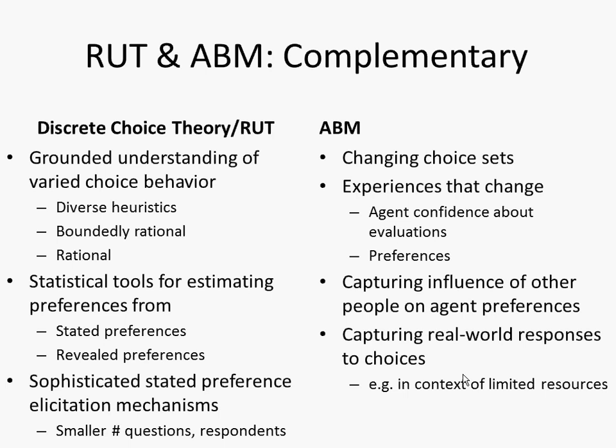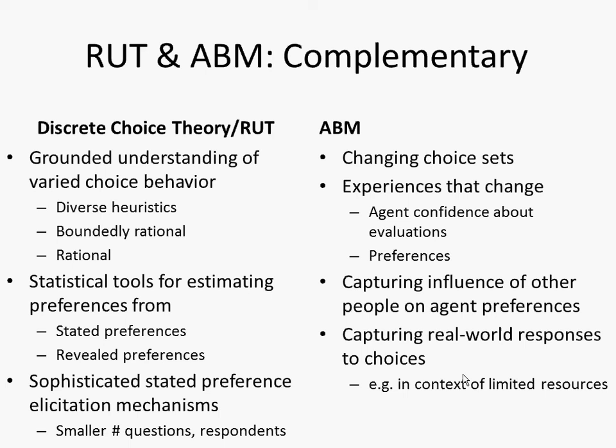In the context of our day-to-day experience, our location, our social context, our economic context, our choice sets may be changing. We can capture those dynamics over time in dynamic models, such as agent-based models.